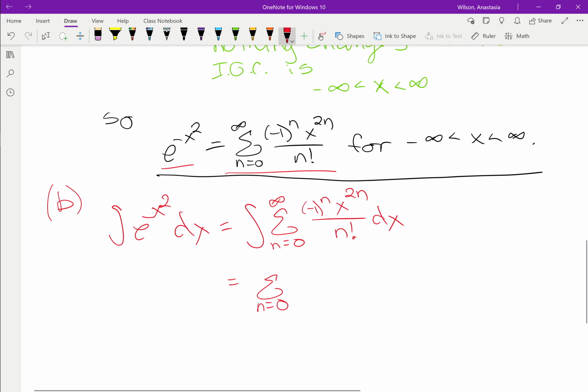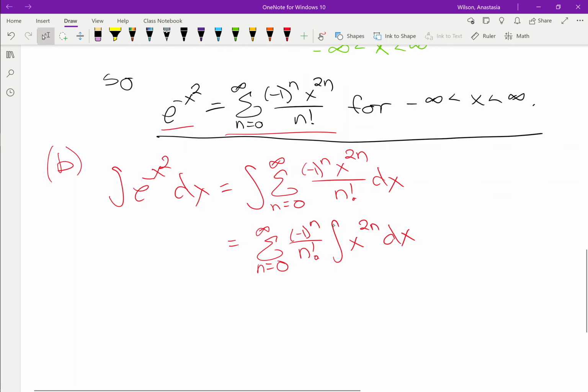So I'm going to rewrite this as the sum from n equals 0 to infinity of the integral. And in fact, I'm going to do a little bit more than that. Negative 1 to the n is not dependent upon x, neither is n factorial. So those two can also be pulled out of the integral, like constants being pulled out of integrals. So we end up integrating x to the 2n dx, and that's something a lot simpler that we can deal with.